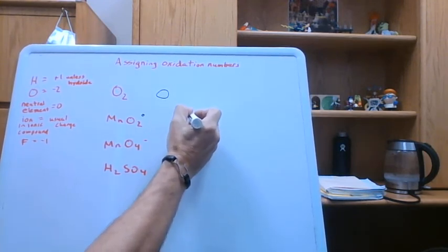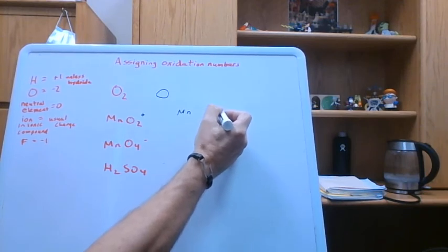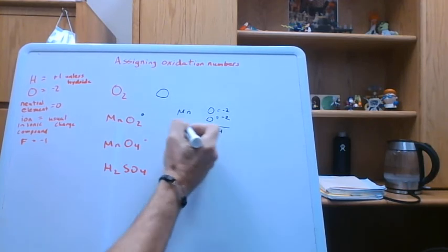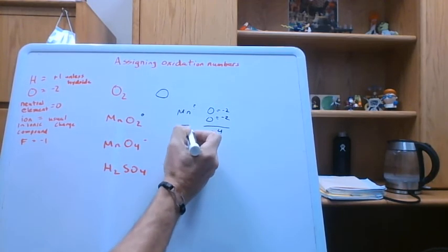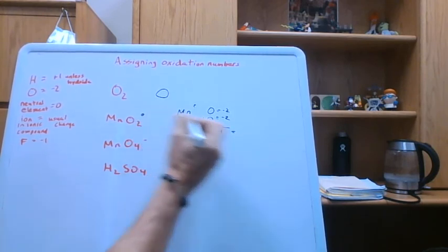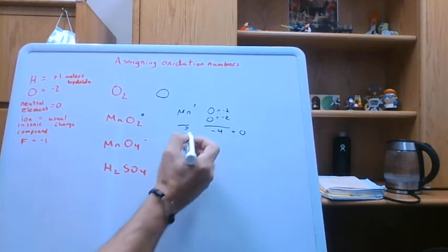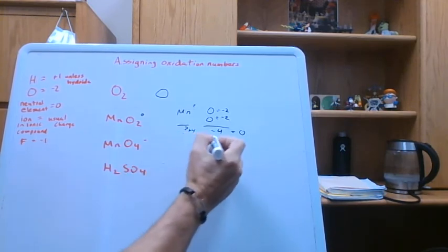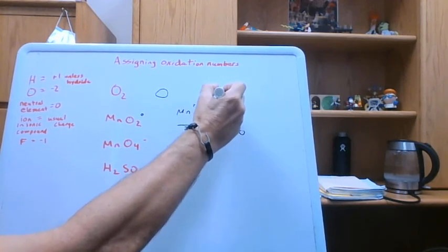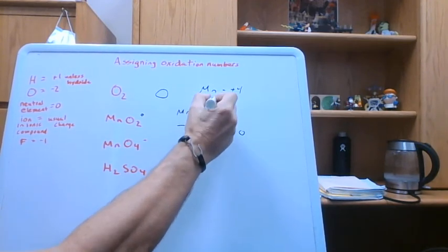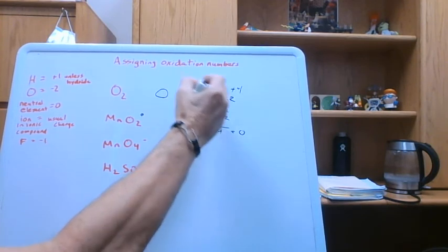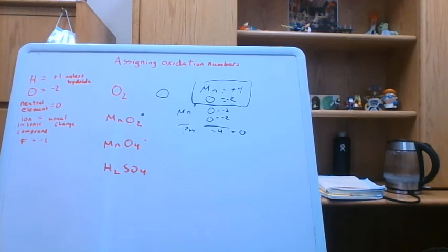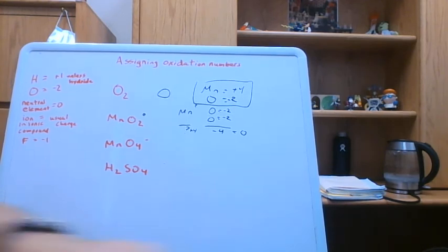We have 1 manganese and 2 oxygen that we're going to give a -2 charge, so we're getting a -4 there. They have to equal 0, so our manganese has to be +4 to offset this -4. So our charge on manganese is +4, and our charge on oxygen is -2. Those are the oxidation states: 2 oxygen, each with a -2, and manganese with a +4 charge.